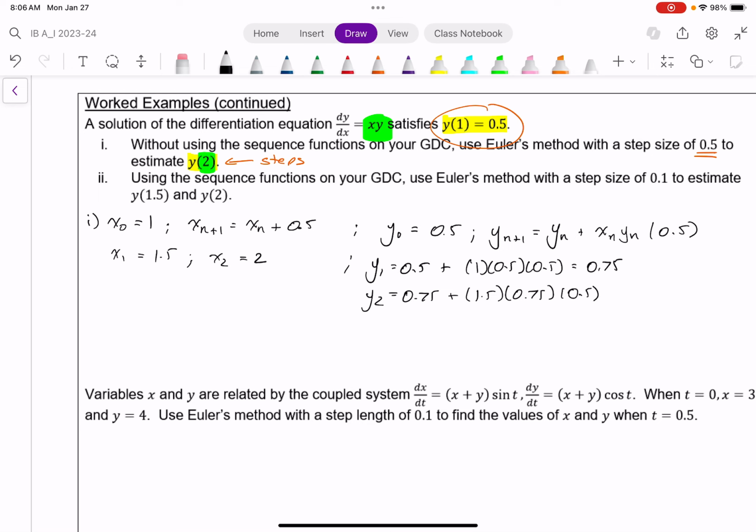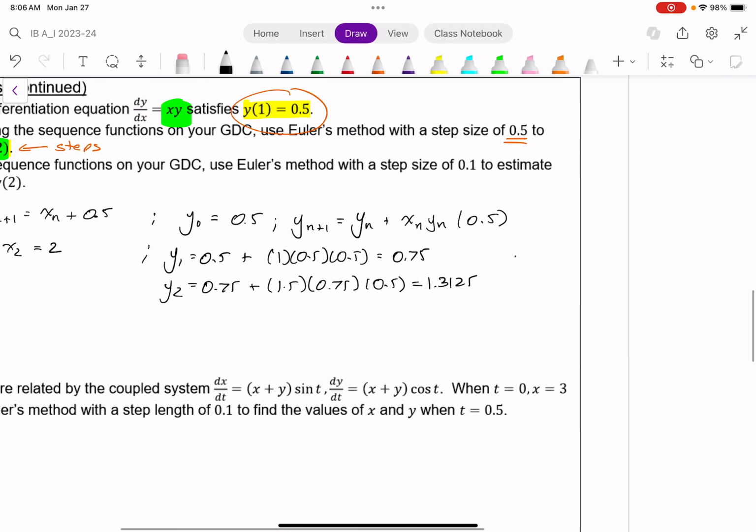And then we should get exactly 1.3125, which tells us that y of 2 is approximately 1.3125. That doesn't mean that's actually what y2 is, that's our approximation. And again, the smaller our step size, the more accurate our approximation will be.